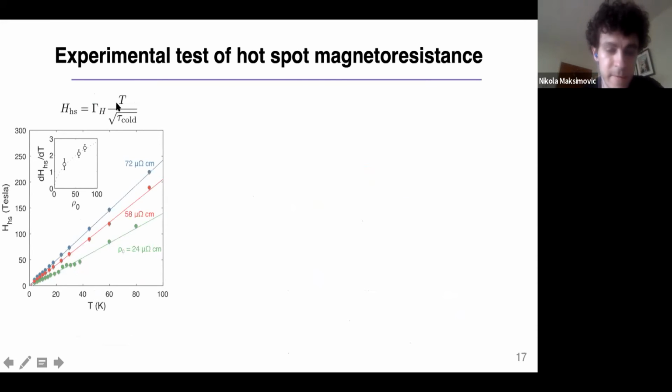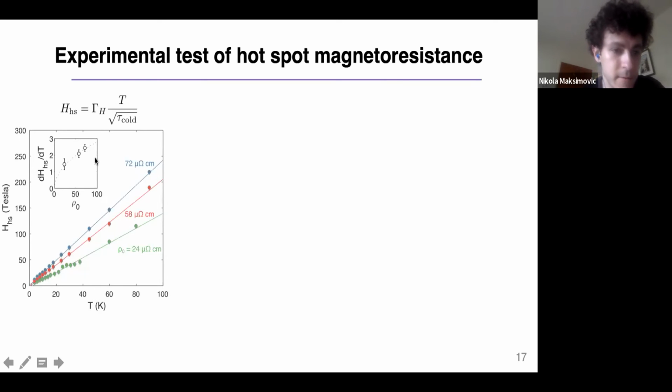This just comes from the fact that antiferromagnetic scattering is T-linear specifically at the hot region. And then the square root dependence on disorder. And we see a T-linear variation in these parameters, and also to some extent you can fit the disorder dependence with the square root function.